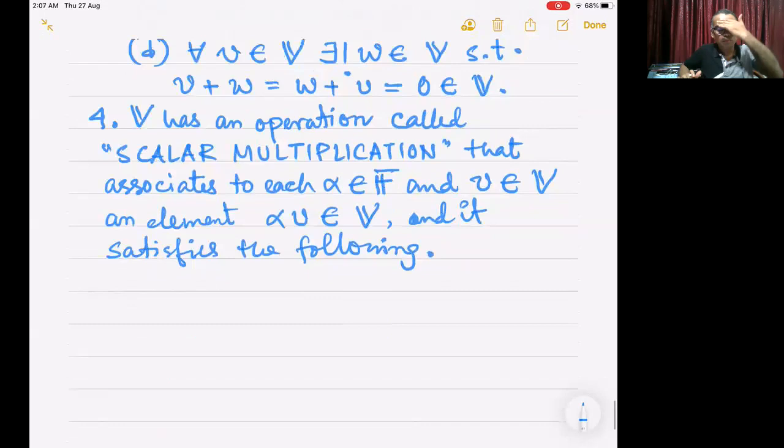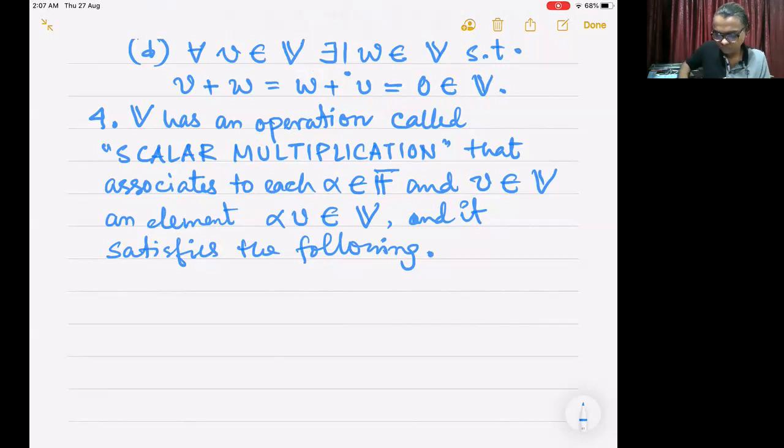So in words, this would mean that the vector space is closed under the operation of scalar multiplication. That is, you take a vector multiplied by a scalar, then that multiplication, no matter how it is defined, must also be an element of the vector space.